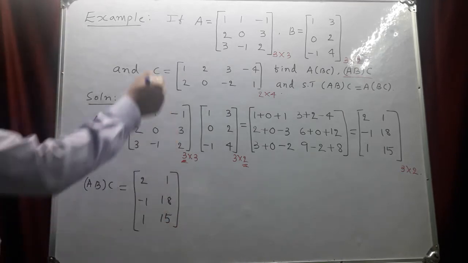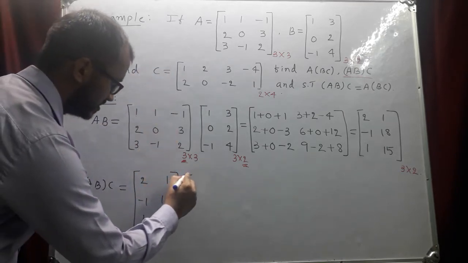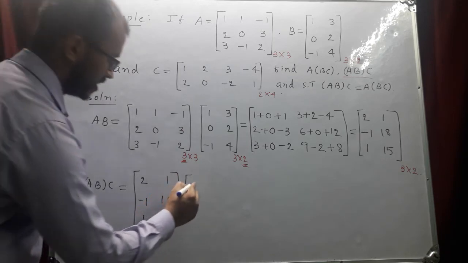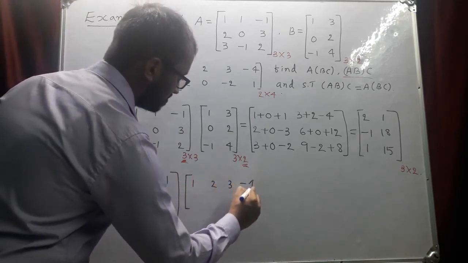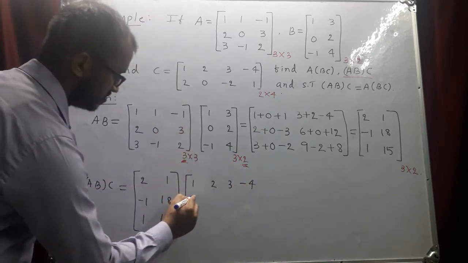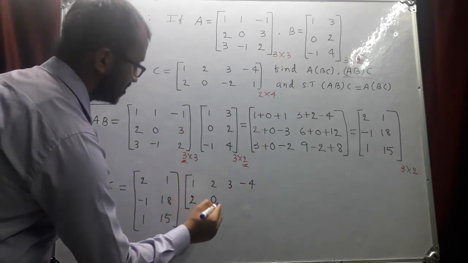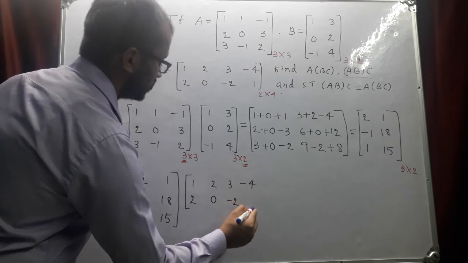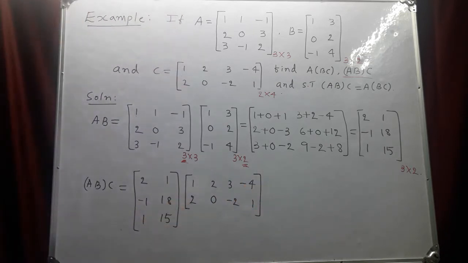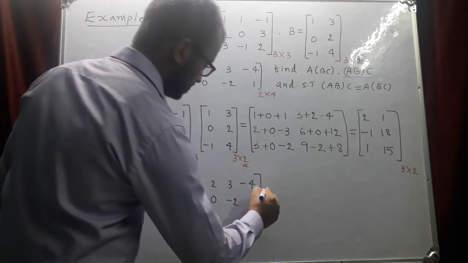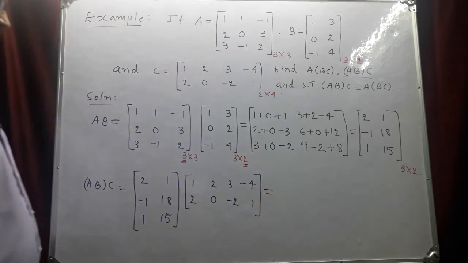C means the matrix 1, 2, 3, minus 4, 2, 0, minus 2, 1. So let us multiply these two matrices.